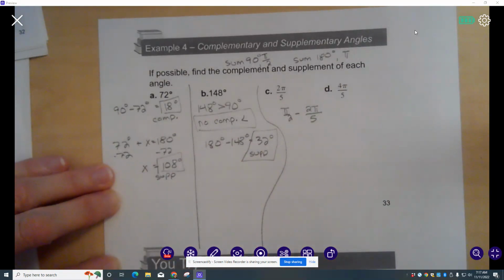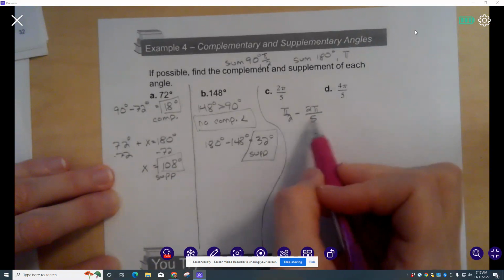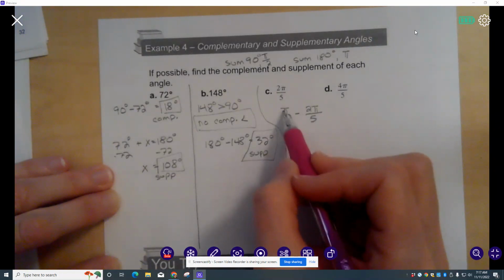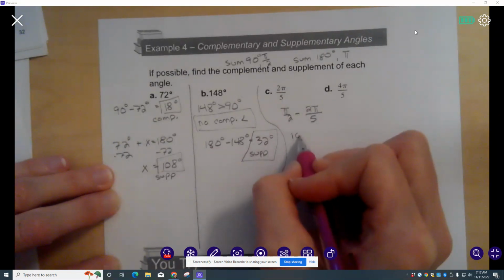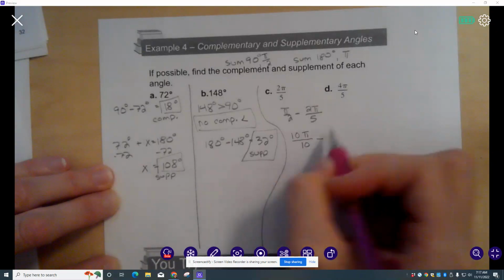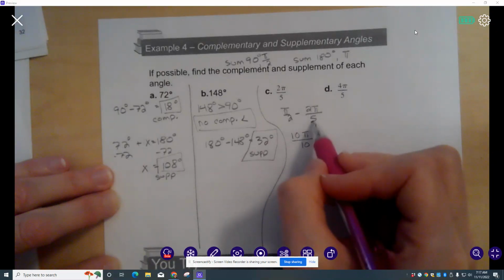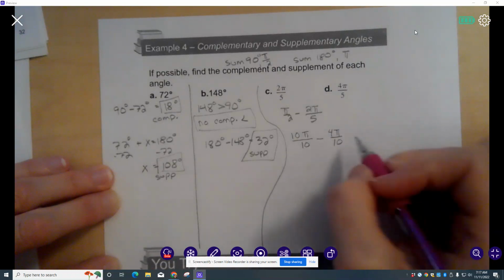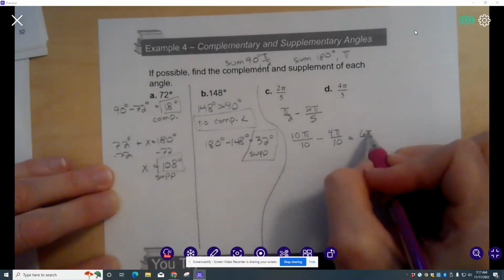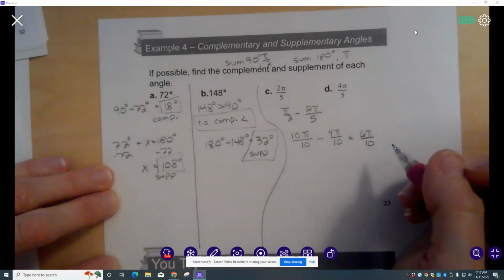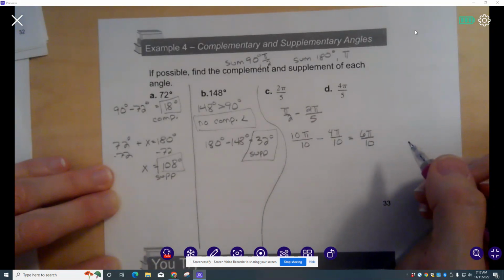I need a common denominator here. The common denominator would be 10. So multiply the top and bottom of this fraction by 5. So I would have 10 pi over 10 minus, multiply top and bottom of this fraction by 2, 4 pi over 10. So that's going to be 6 pi over 10. And you, of course, need to simplify that.